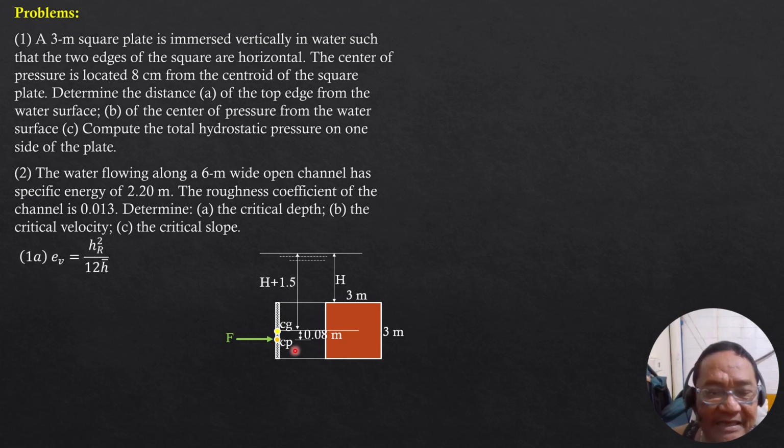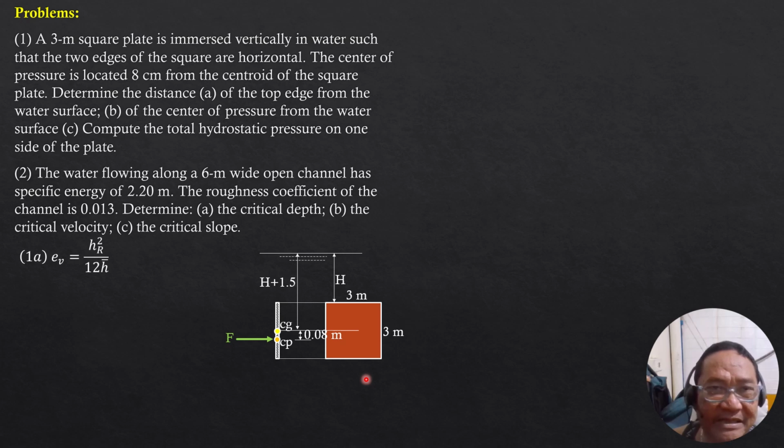Theta is 90 degrees because the plate is vertical, and sine of 90 is 1. This is divided by area times h bar, where area is base times height of the rectangle, in this case a square, but let's generalize it.